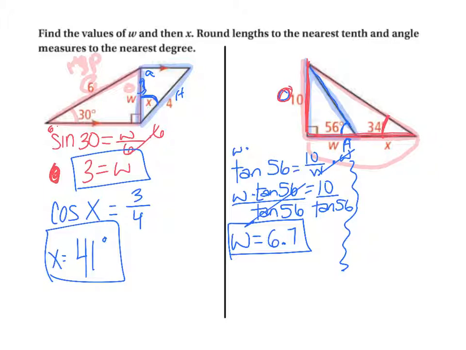So again, the hypotenuse, which is this long leg over here, never gets used for anything. So I'm not using the H, I'm doing opposite and adjacent. This whole thing is going to be the adjacent. Opposite and adjacent, still tangent.